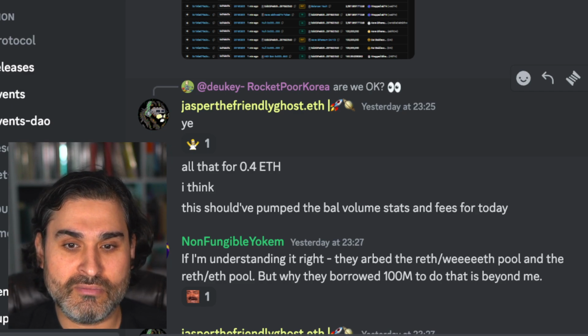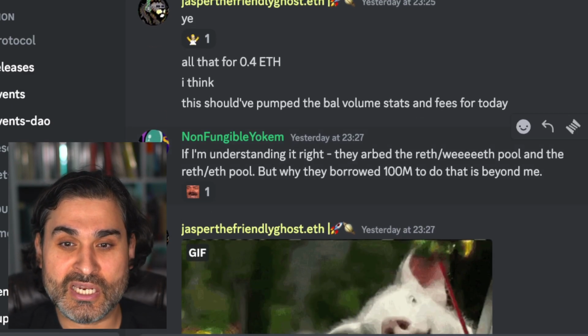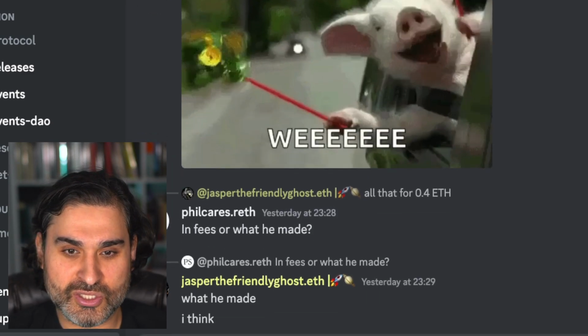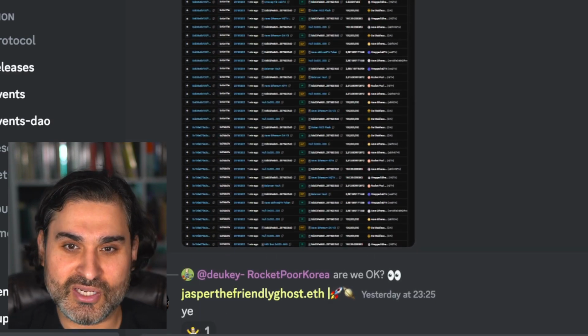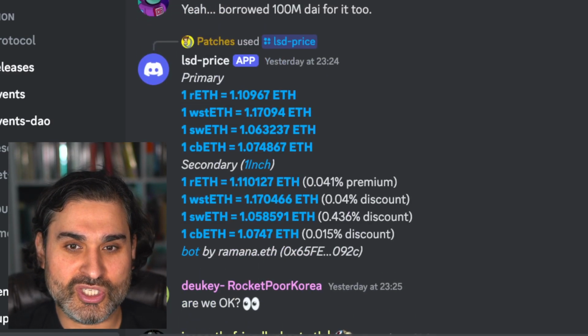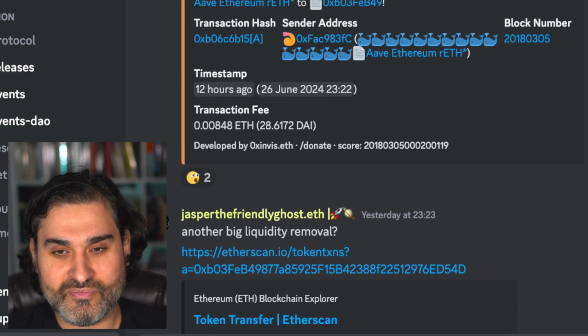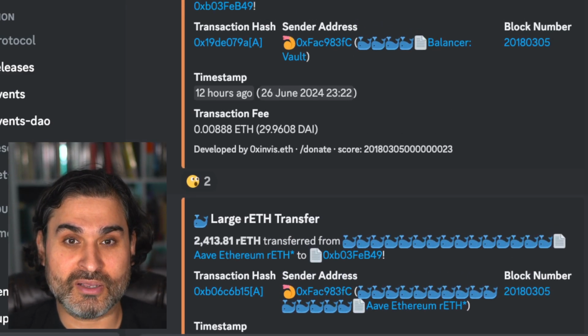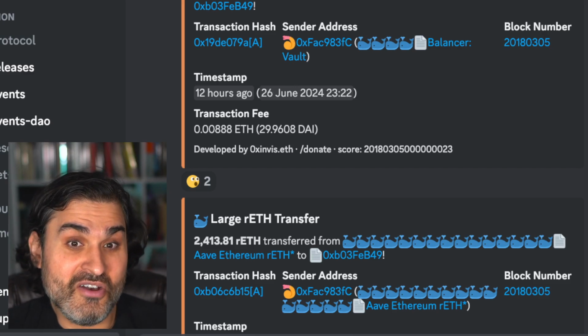And non-fungible Yoakum says, if I'm understanding it right, they arbed the rETH wrapped ETH pool and the rETH ETH pool, but why did they borrow $100 million is beyond me. So they did a flash loan for that. I thought it was an interesting little bit of on-chain activity, but I guess all of that for just over $1,000 is fair enough, I guess.